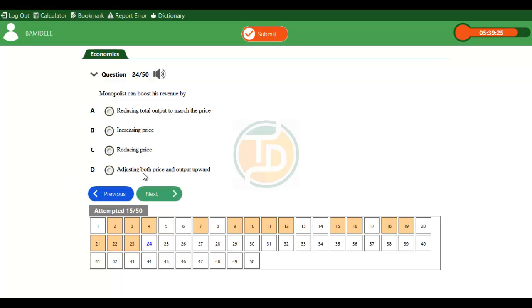Option D, adjust both price and output upward. Monopolies don't usually do this. Monopolies either adjust price and later they will deal with output. So from these options, we are going to pick two wrong options, and the two wrong options are option A and D. Option A and D are totally wrong.